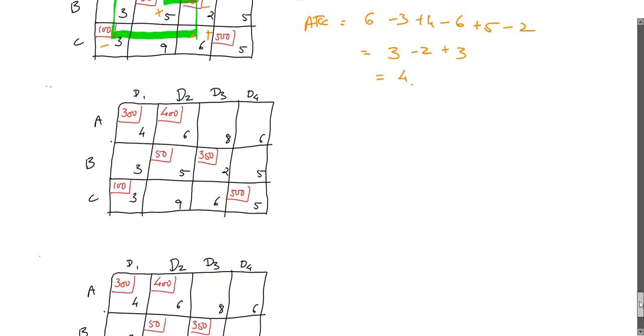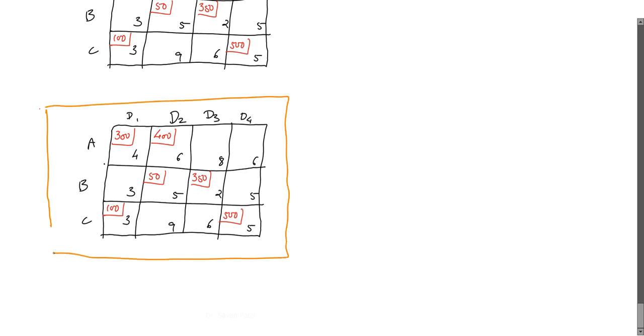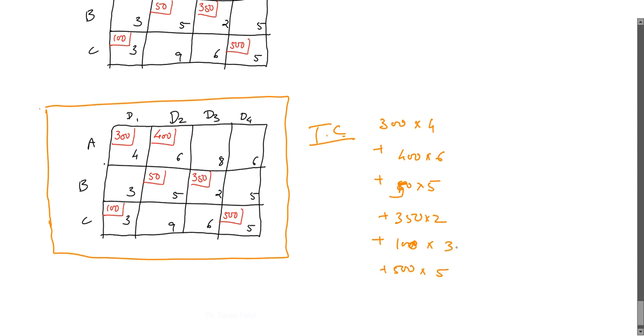So this is our final choice, means this allocation will give you the minimum transportation cost. Okay, and the corresponding transportation cost, let me check, that is 300 times 4 plus 400 times 6 plus 50 times 5, okay, plus 350 times 2 plus 100 times 3 plus 500 times 5.